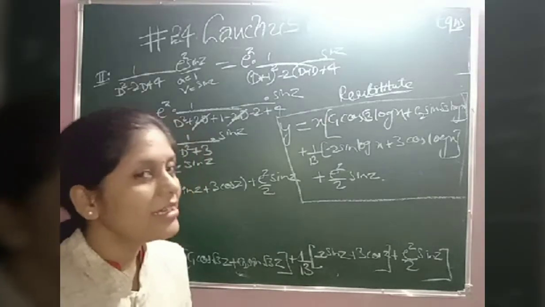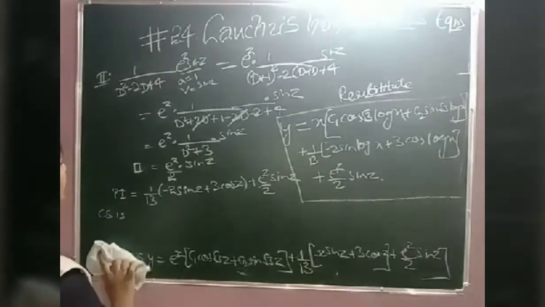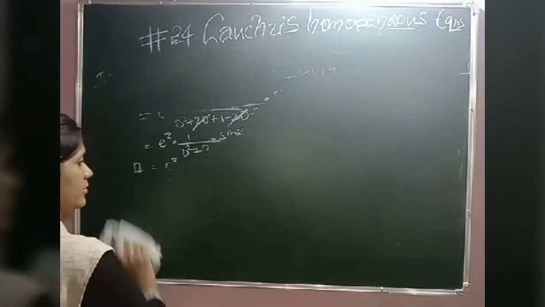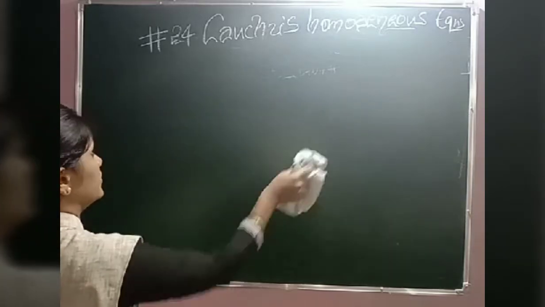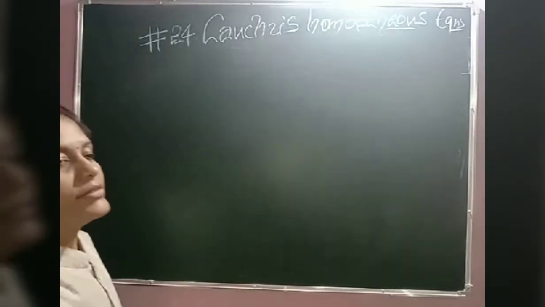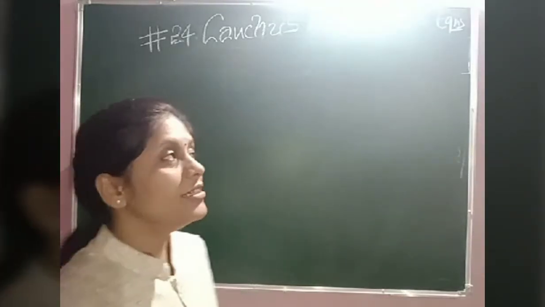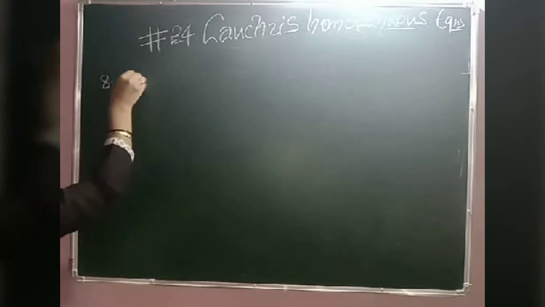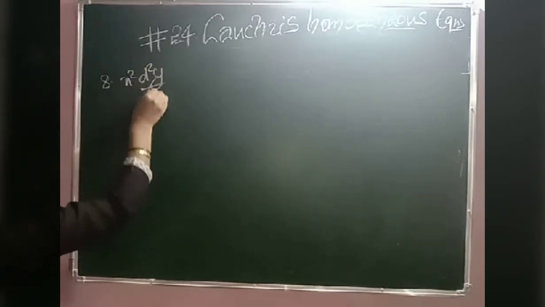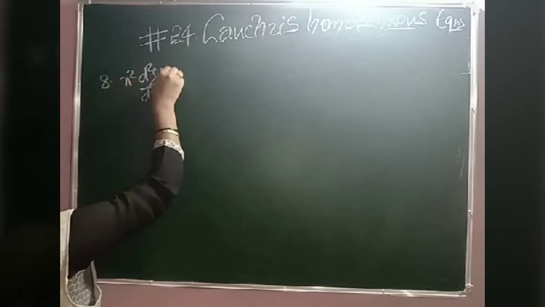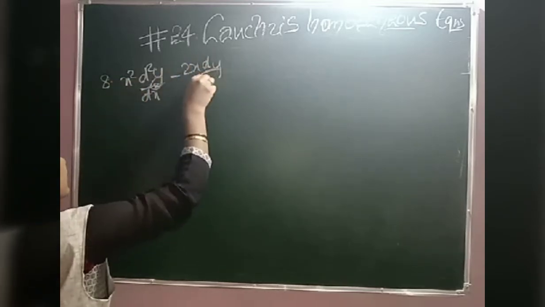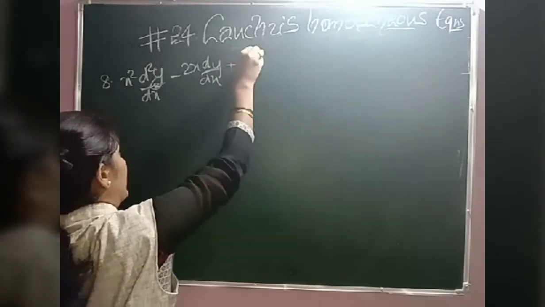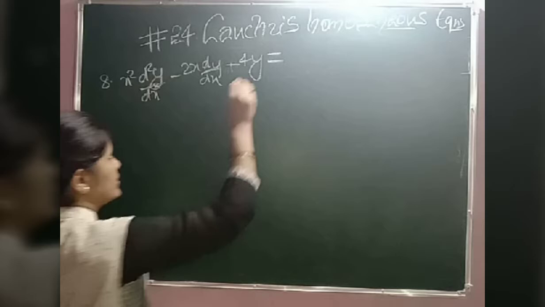Now let us see one more numerical. So now let us see 8th numerical. The question has been given as: solve x squared d square y by dx square minus 2x dy by dx minus 4y equal to x power 4.